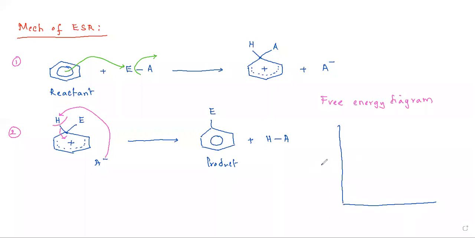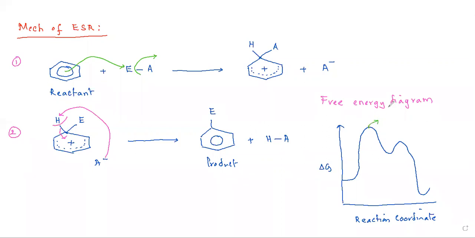A graph is plotted between delta G versus a reaction coordinate or the progress of the reaction. Okay. Now in this case, we get this type of curves. Now look at this.